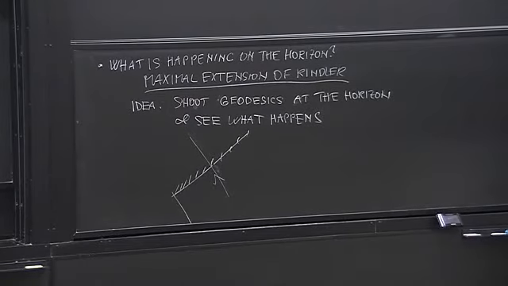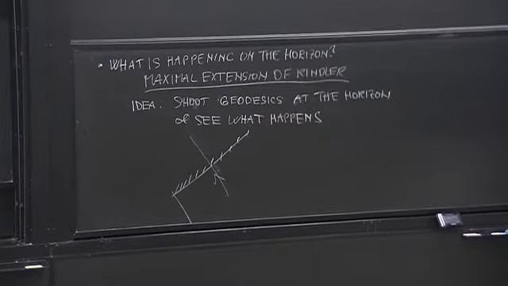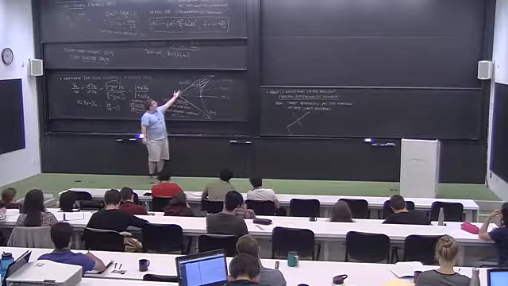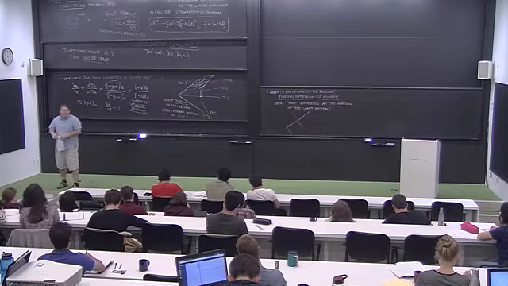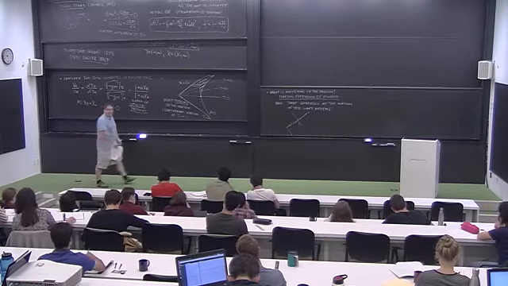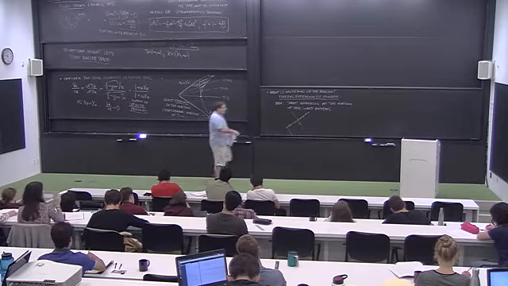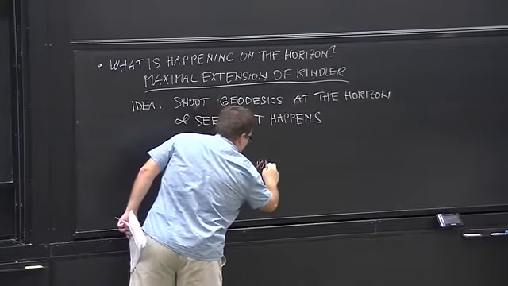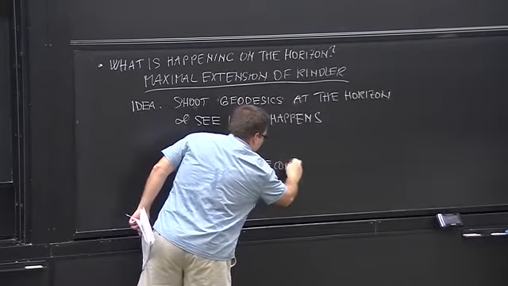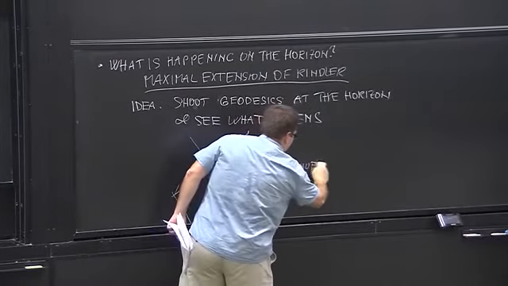If it terminates at the horizon, then something really bad is happening there. Maybe there's this garbage of all these objects, the geodesic will hit them, and it will end there because it cannot continue through. So the question is really, can we continue the geodesic through?